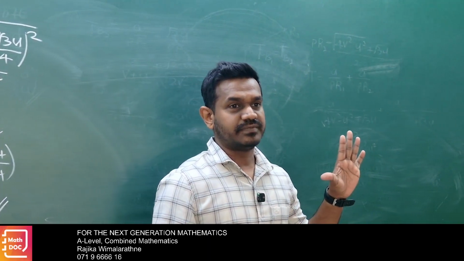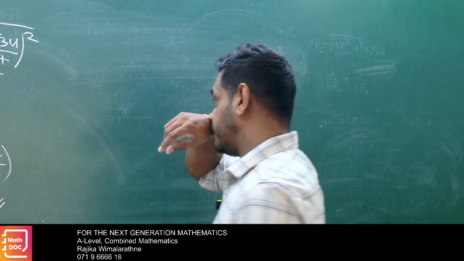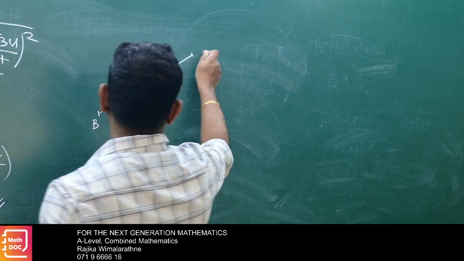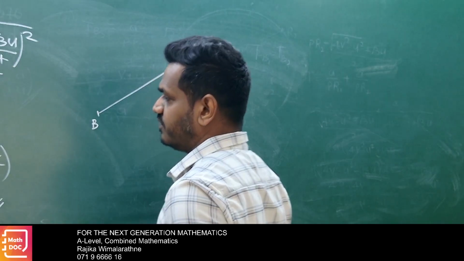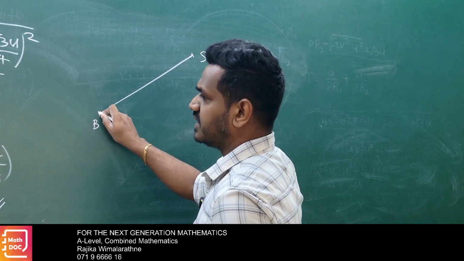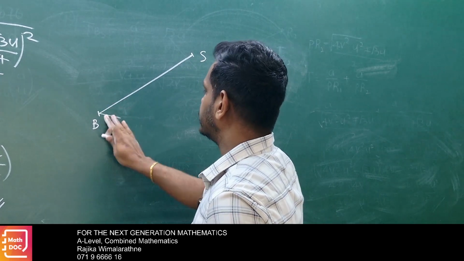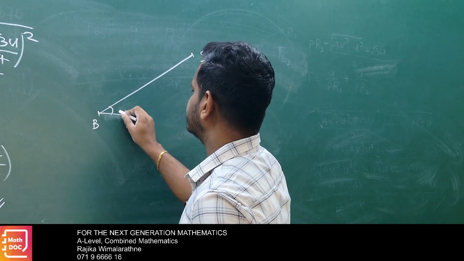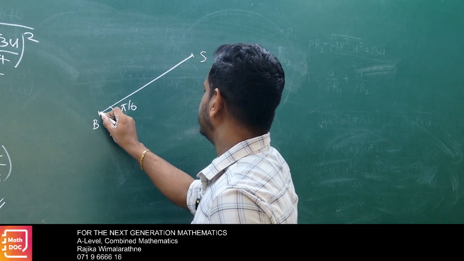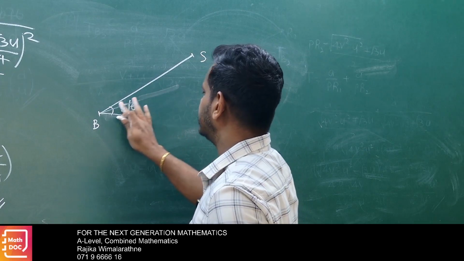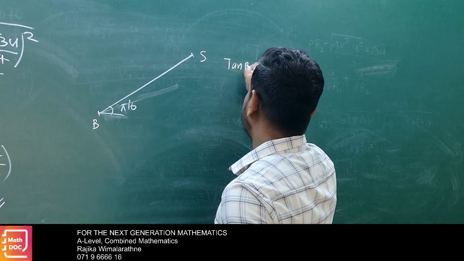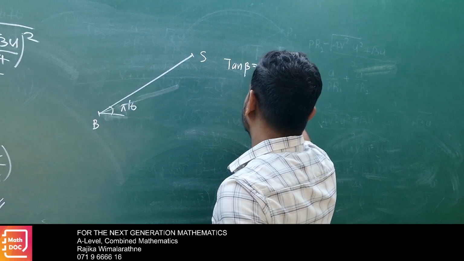Now let's move to the displacement diagram. Now the boat is here, the ship is here, so we know the velocity of the boat with respect to the ship. Here this inclination to the horizontal is pi over 6. Then consider angle beta, tan beta value root 3 divided by 5.